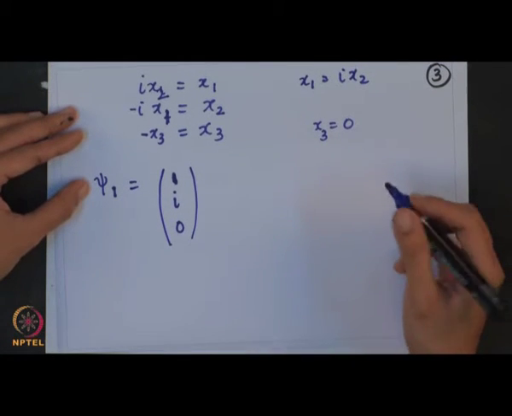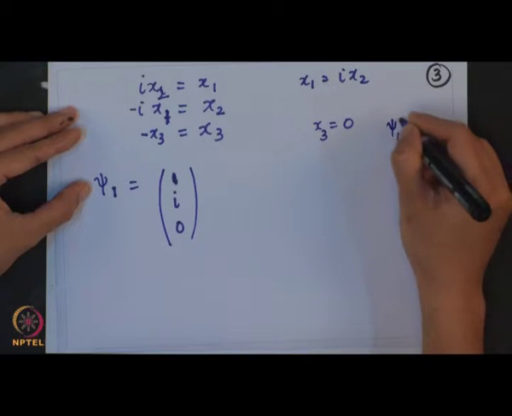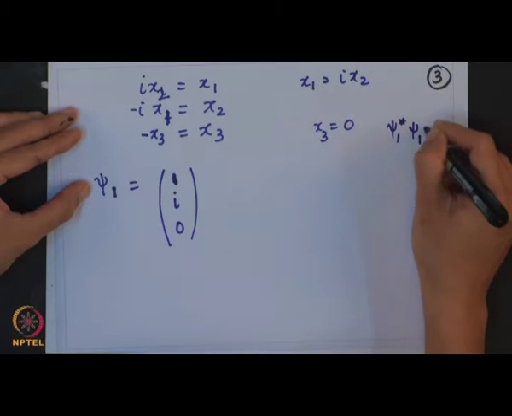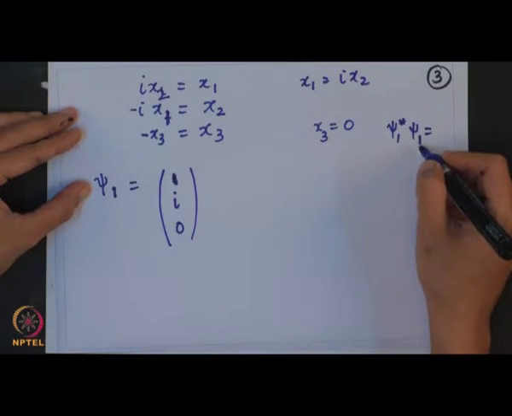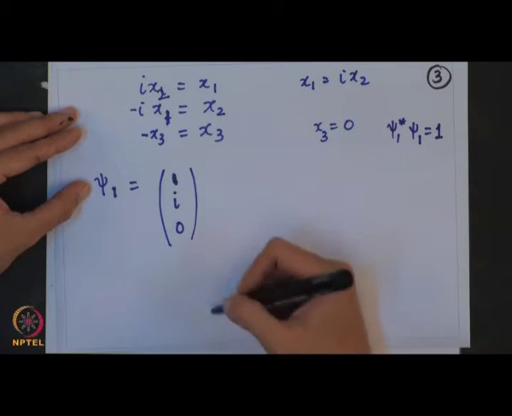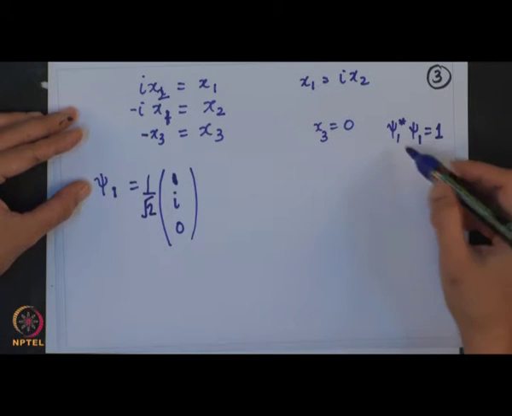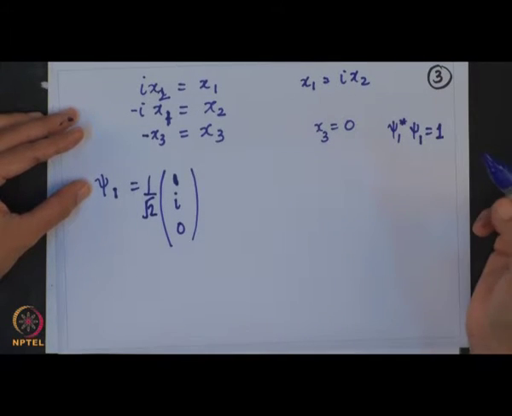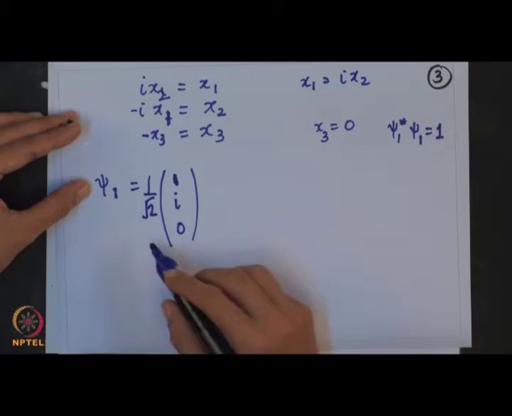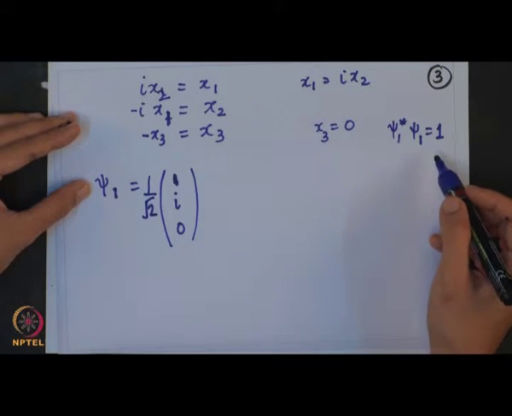Okay. Again I have used here psi 1 star psi 1 is 1 to calculate the normalization factor and the value of x. Okay. So, the normalization factor and the value of x you can get from here.